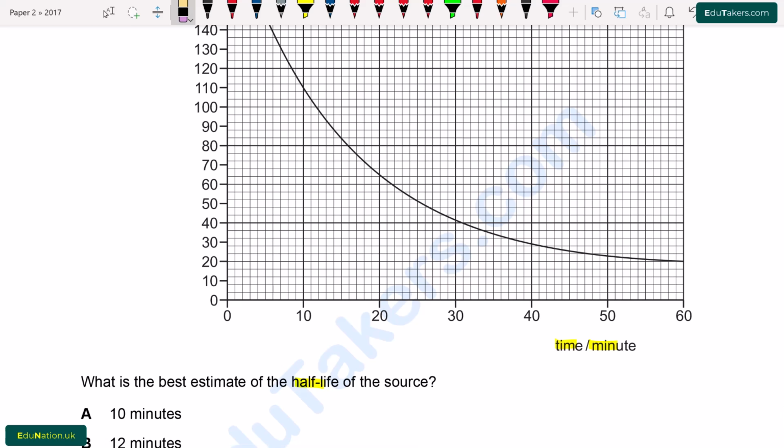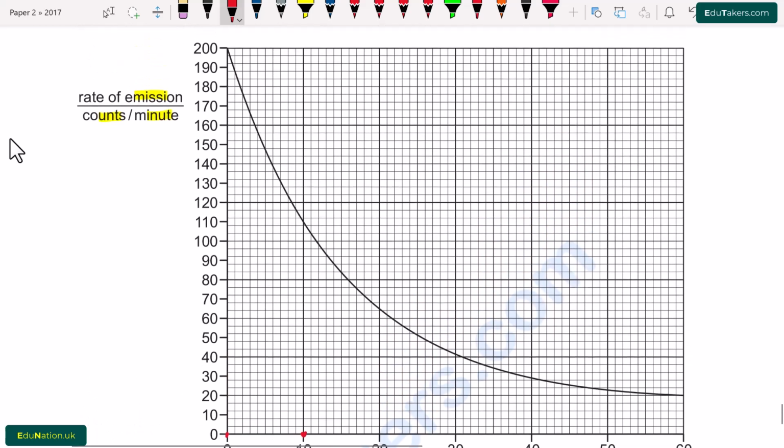So first of all, I consider time t equal to 0 minutes and time t equal to 10 minutes. Next I have to find the corresponding count rate at t equal to 0 and 10 minutes. At t equal to 0, the count rate is 200 counts per minute, while at t equal to 10 minutes, the count rate is 110 counts per minute.